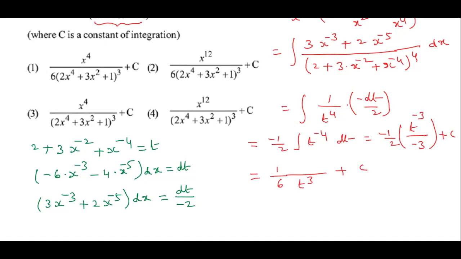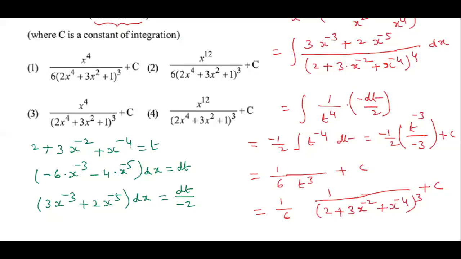What is the t value? Already we know that. Substitute here: 1 by 6 into 1 divided by 2 plus 3x power minus 2 plus x power minus 4, whole cube plus c.